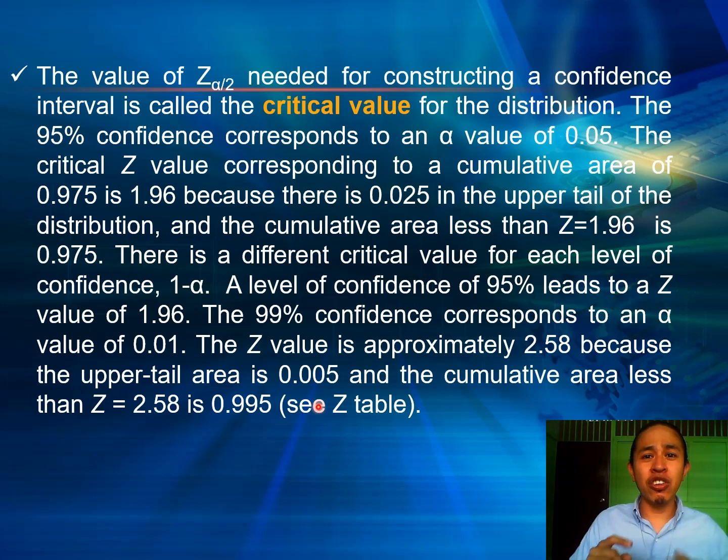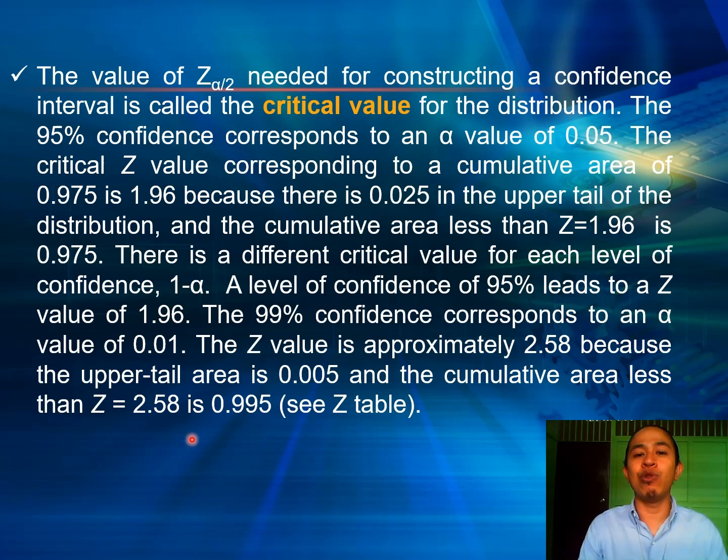And since it is a normal distribution with an upper tail and a lower tail, we have to divide the critical value into 2. So the 0.01, divided by 2, becomes 0.005. And the cumulative area less than z equal to 2.58 is 0.995.